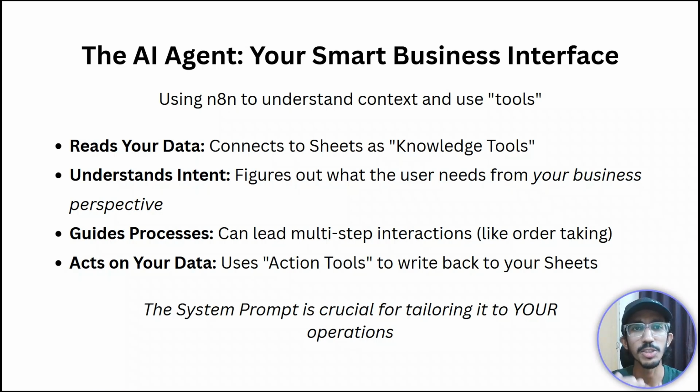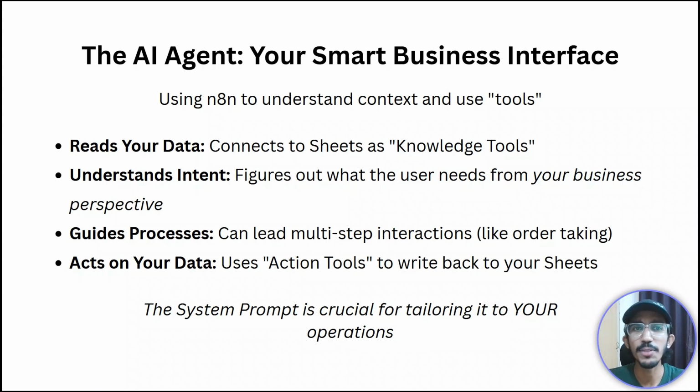Think of it as your smart business interface. Here's how it works in this context. First of all, it reads your data. We connect your Google Sheets as knowledge tools, allowing the AI to fetch information. It understands intent. The AI figures out what the user needs from your business perspective.